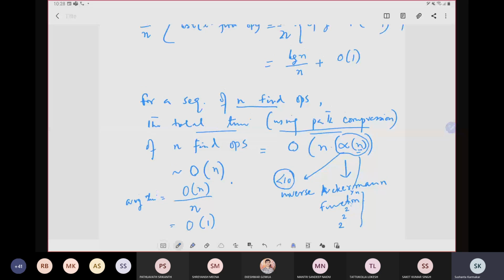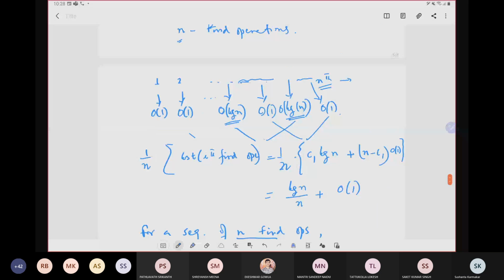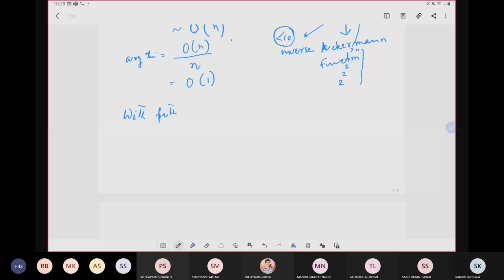So if you use this Ackermann path compression technique, then we can write that with path compression and linked list representation, find is roughly order of 1, and union is roughly order of 1.